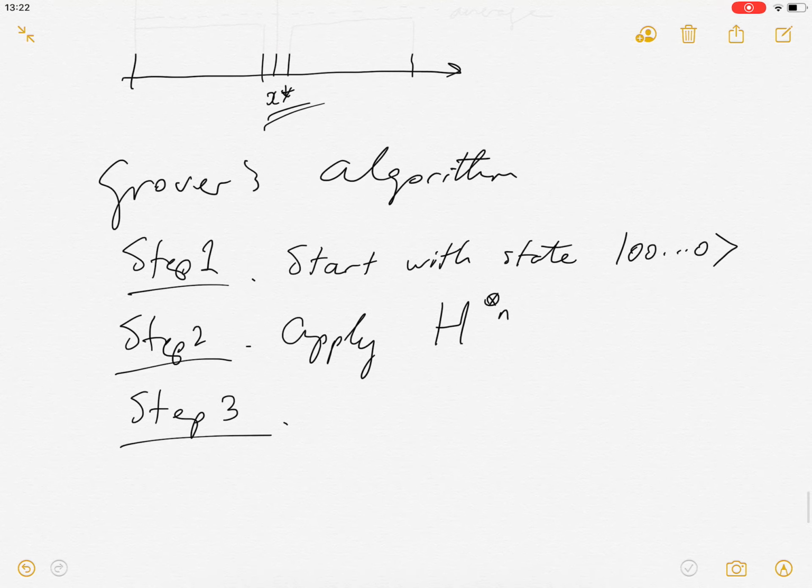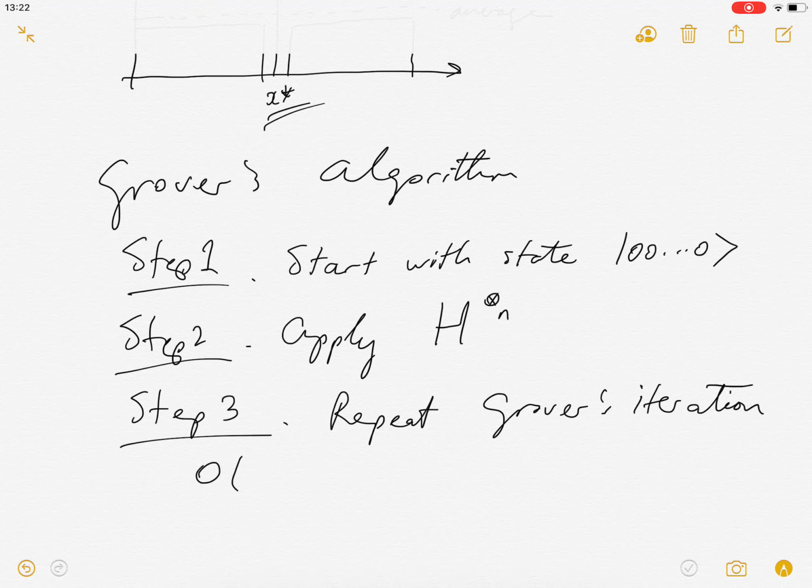So step 3 then is to repeat Grover's iteration approximately square root times.